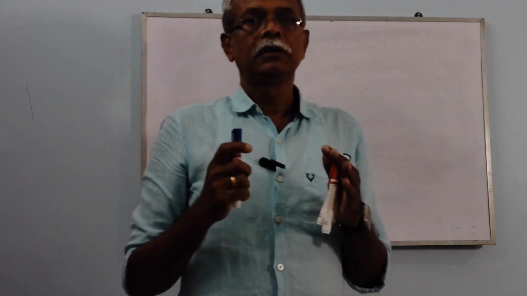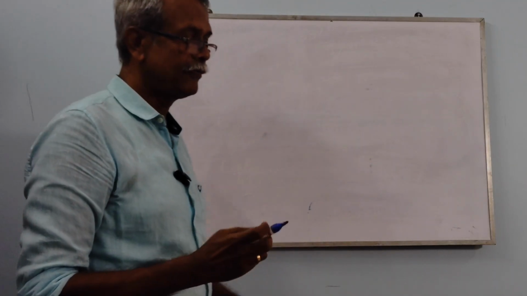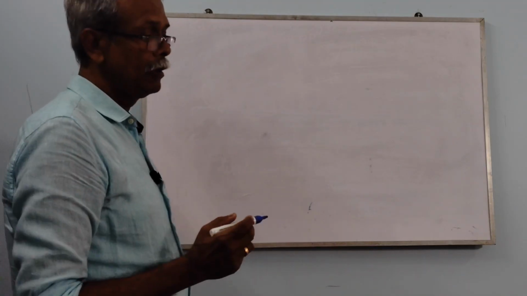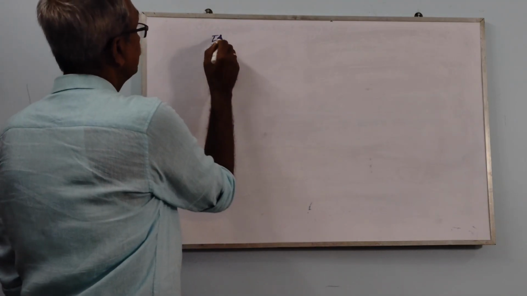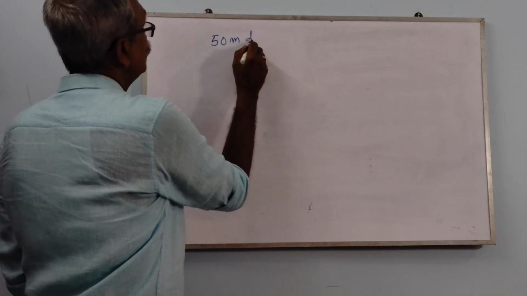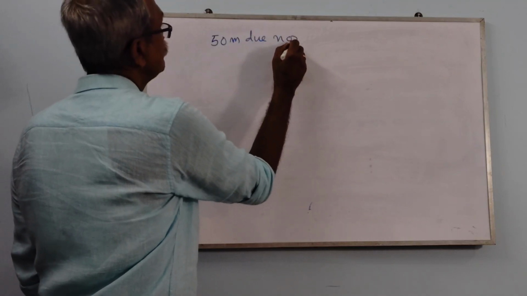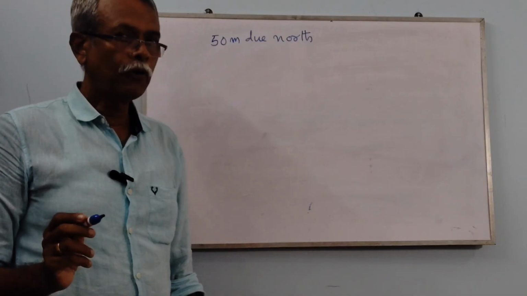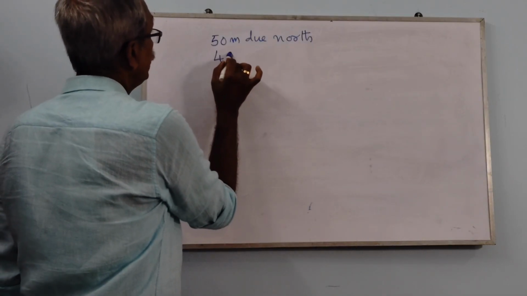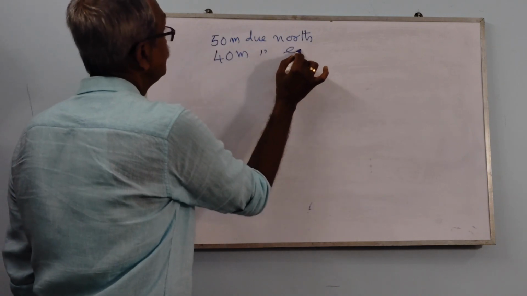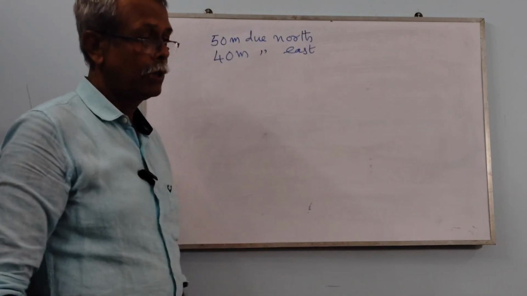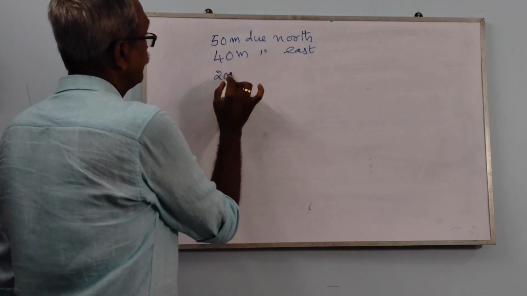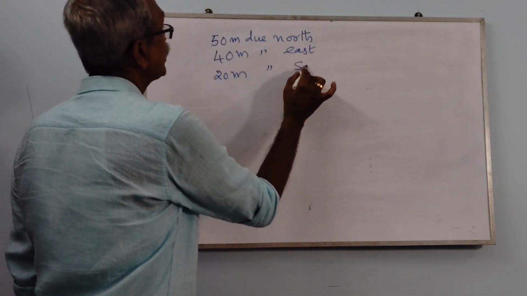We will conclude with another very simple question. A man walks 50 meter due north, 40 meter due east, and 20 meter due south.